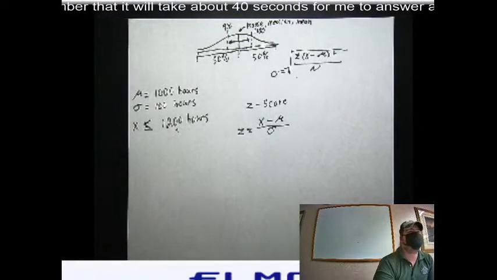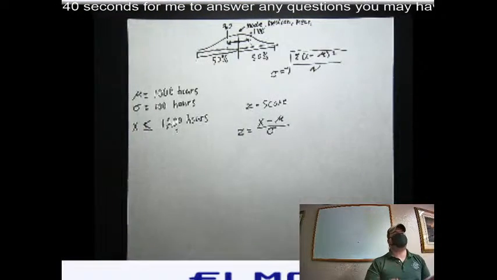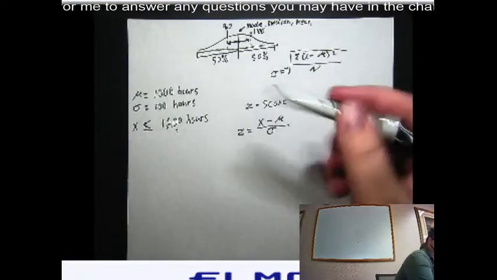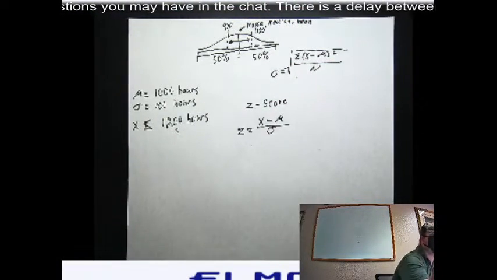Okay. So what this will give us is a number that relates the position of this number to the area behind it.